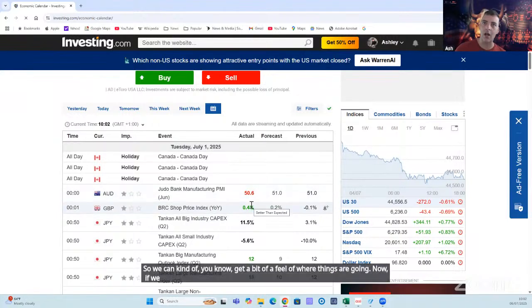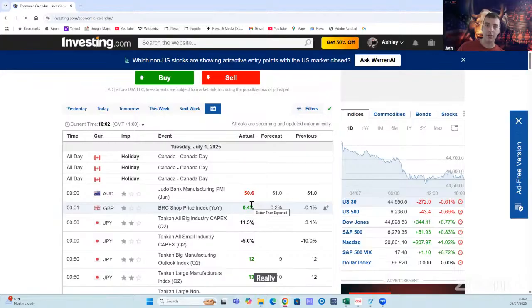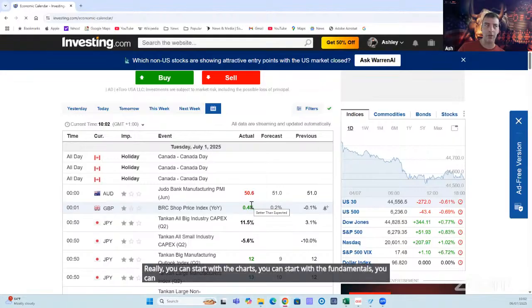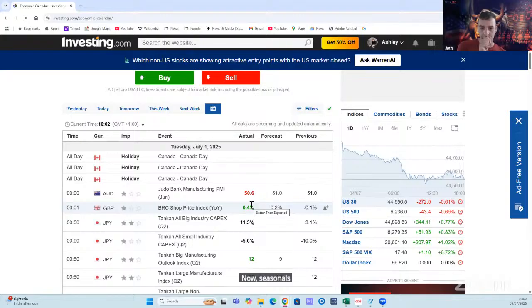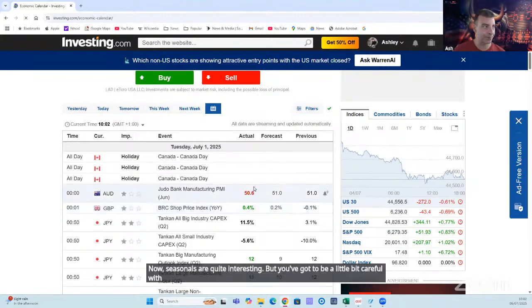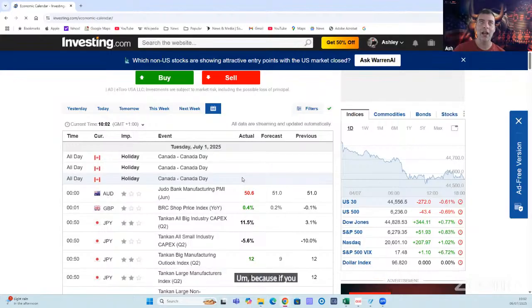Now, if we were going to start at any particular point, you can start with the chart, you can start with the fundamentals, you could start with COT data, or you could start with seasonals. Seasonals are quite interesting, but you've got to be a little bit careful, because if you see a positive return over 20 years, that may well have been returned over 5 of those 20 years.